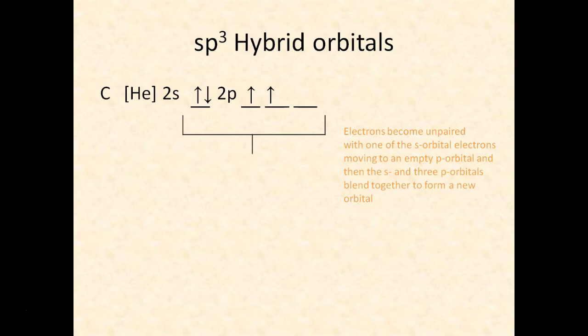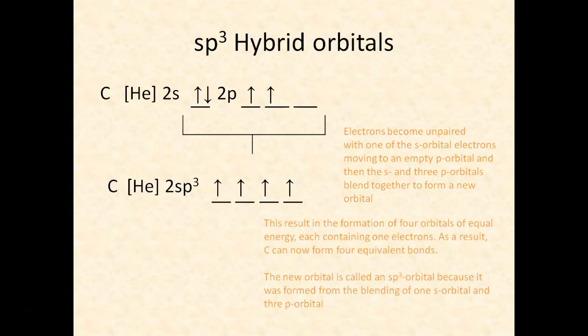Again, here with carbon, we can see it only has two orbitals with a single electron, suggesting it can only form two bonds, but we know carbon can form four bonds. So the one electron from the s will move to the p, and then we'll blend the s with the p's, and we'll get a new set of orbitals with four orientations because I've blended together four orbitals, and it's called an sp3 because it was formed by combining one s with three p orbitals.